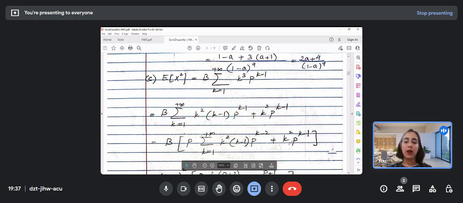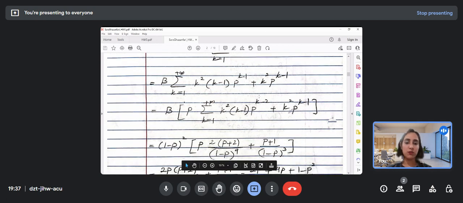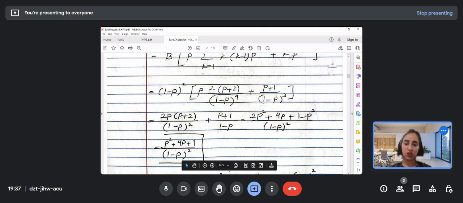We write them down, add these two terms, and then we get to our answer easily.